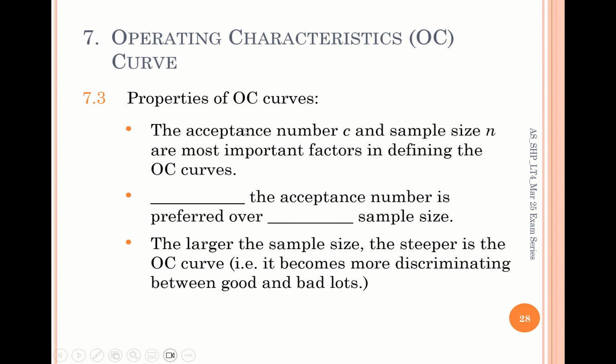Remember just now, acceptance number means the maximum number of rejects or defects you can accept. So if you have 10 as the acceptance number, you can accept up to 10 defects. Those are the two factors that affect the shape of the OC curve. Decreasing the acceptance number is preferred over increasing. This one we will take a look at in the graph later.